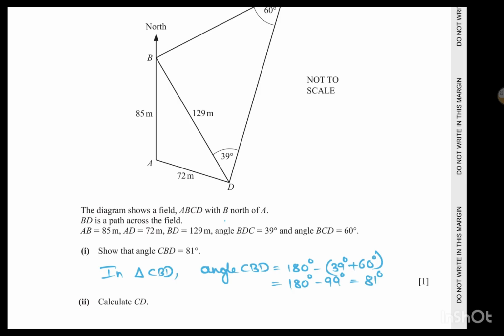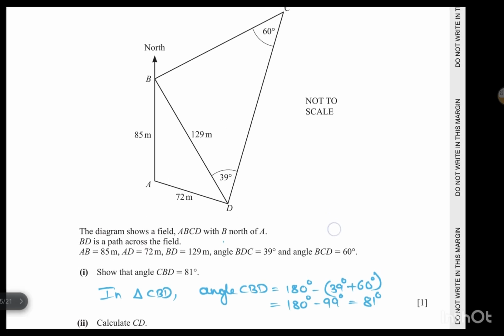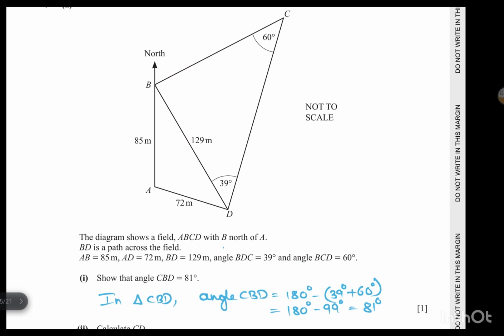Question number 2. Calculate CD. We need to calculate the length of CD here. Now using the sine rule, we will find the value for CD, because the angle opposite to this side is this angle, and the angle opposite to 60 is this angle.